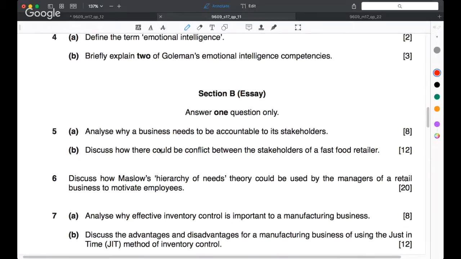Well, obviously, the biological needs, the first level of need, the food, the drink, the good pay, the fringe benefits of being an employee are very, very important. But stability and security of employment is also really, really important.